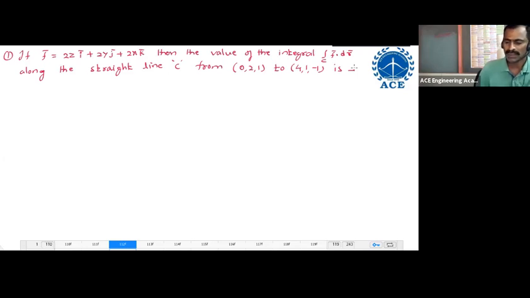It is a line integral, because the integral over C f bar dot dr bar is a line integral.